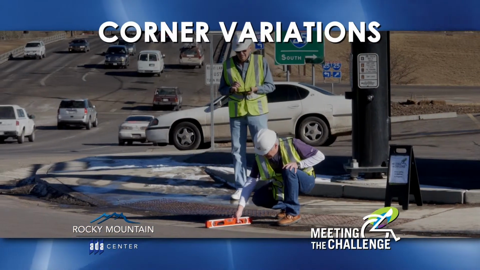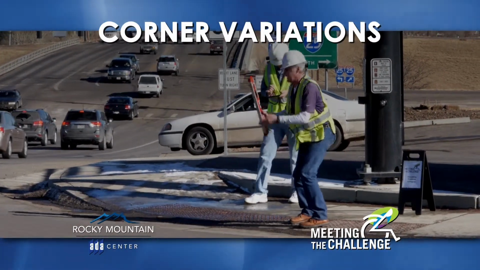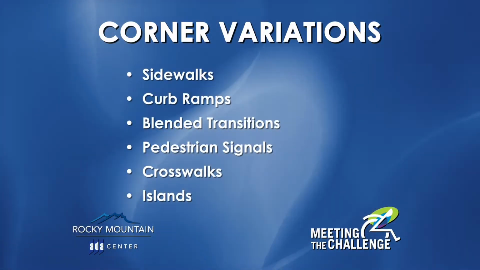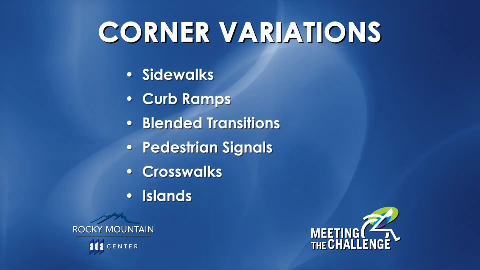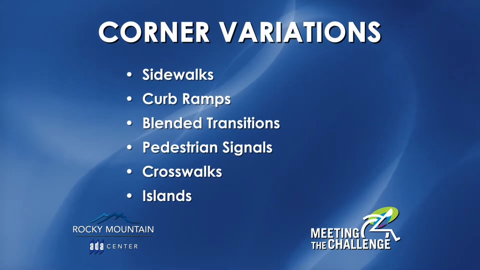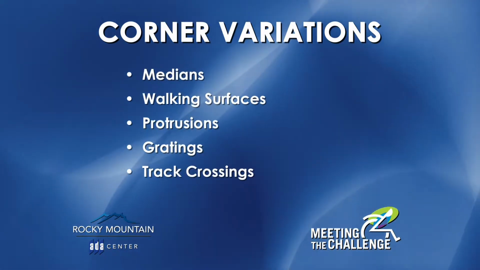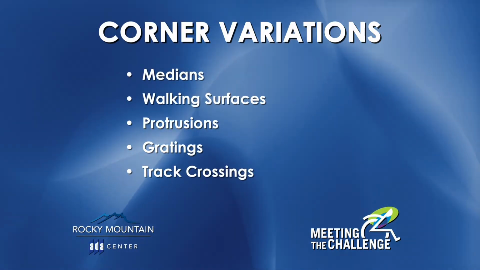Each corner of an intersection may be unique in its own way. The following elements should be surveyed: sidewalks, curb ramps, blended transitions, pedestrian signals, crosswalks, islands, medians, walking surfaces, protrusions, gratings, track crossings.